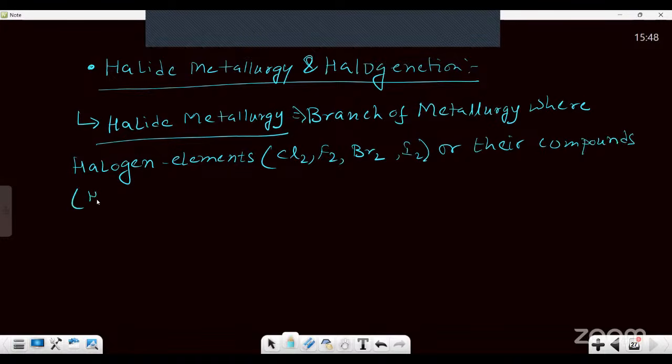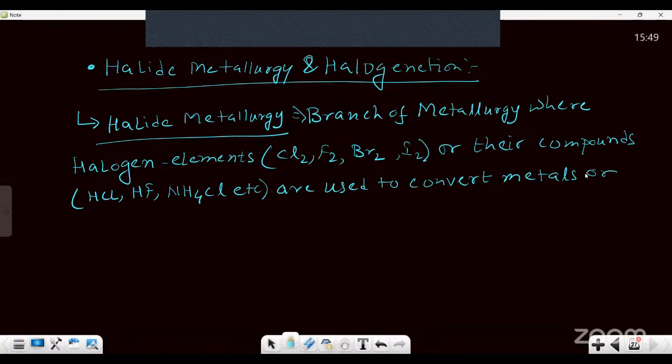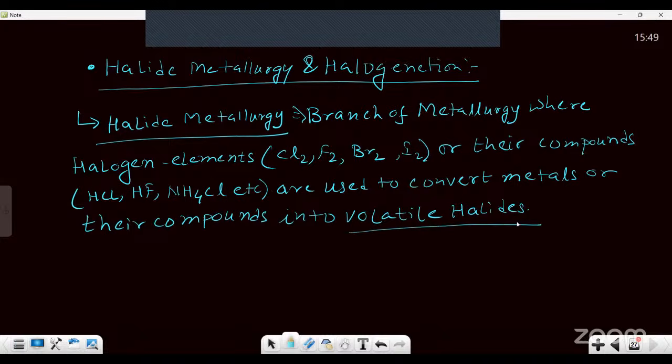like HCl, HF, NH4Cl, etc., are used to convert metals or their compounds into volatile halides.